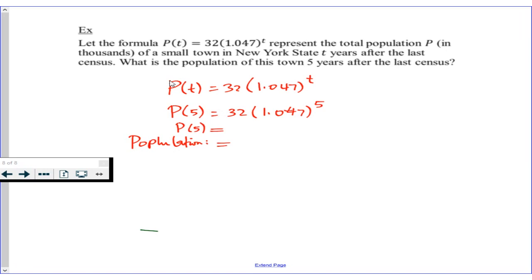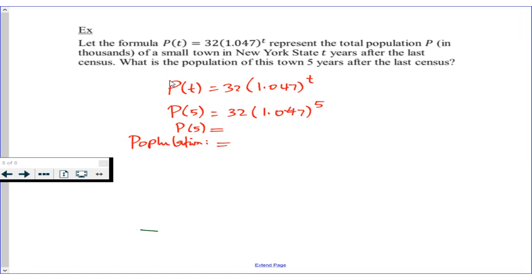You type your answers, guys. Okay, good, good. Normally your number is good, but you have to multiply by 1000. Don't forget. That's P(5). So you got 40. Excellent, Abby. That's the correct answer. So finally, the population is 40,261.